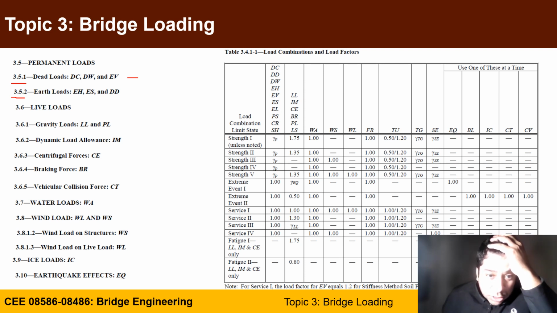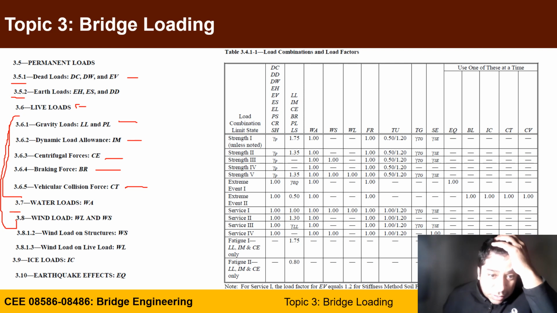Earth loads, EH, ES, DD, section 3.5.2. For live loads, you have section 3.6 describing 5 different types of live loads: gravity loads, LL, BL, dynamic load allowance, centrifugal force, braking force, and vehicle collision forces.